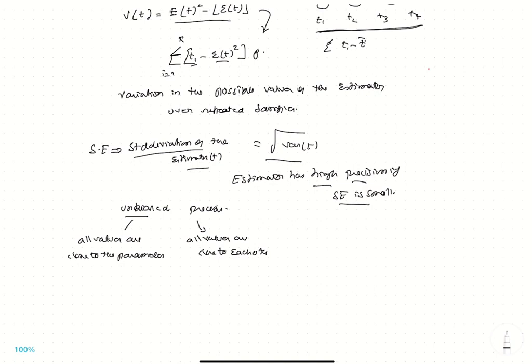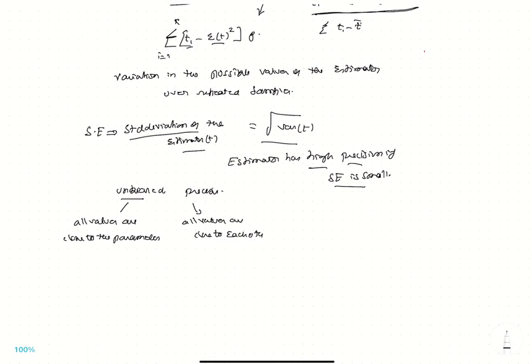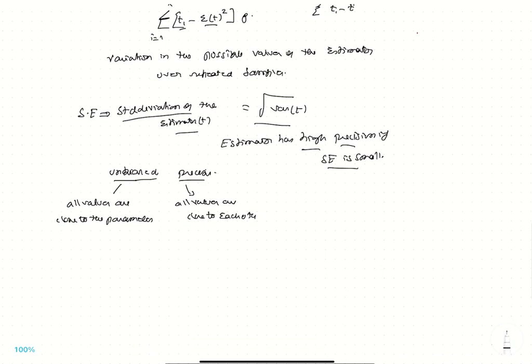That is, the standard error of the estimator is low. However, sometimes a precise estimator may have bias, and unbiased estimators are not precise. So if we want to compare two estimators, we don't know which to use, because they can be biased and precise, or unbiased and not precise.